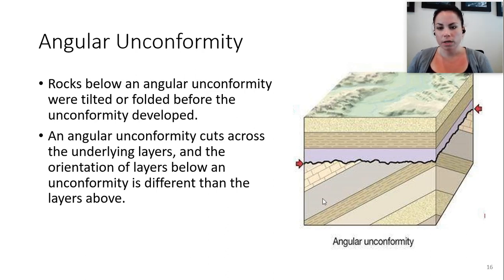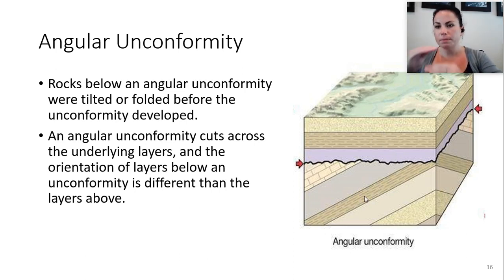Rocks below the angular unconformity were tilted or rotated, folded, whatever, before the unconformity developed. An angular unconformity cuts across the underlying layers, and the orientation of layers below is different than the layers above. So this one is very visually easy to see.